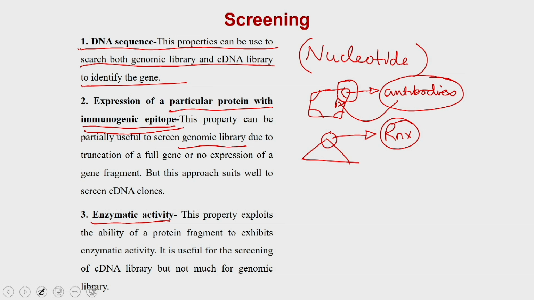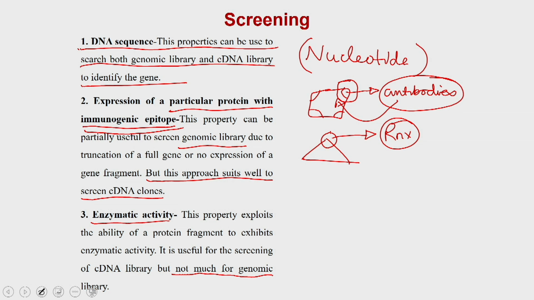As you can see in this kind of classification, the antibody approach is more suitable for screening the cDNA clones, whereas the enzymatic activity approach is more appropriate for the genomic library.